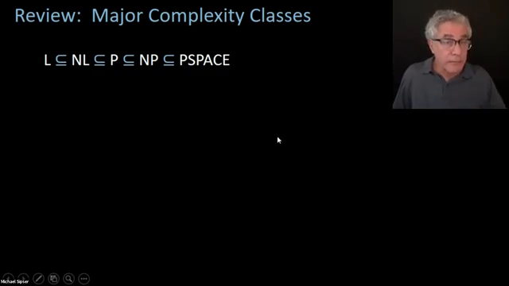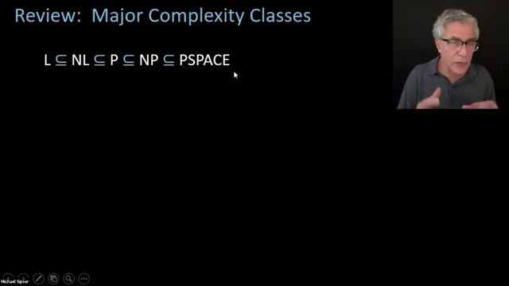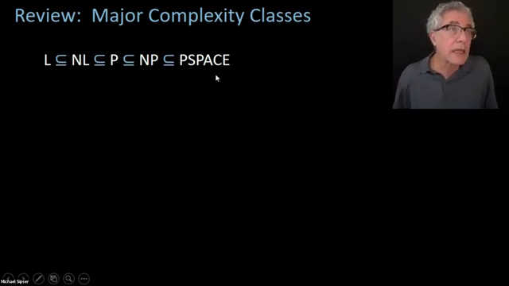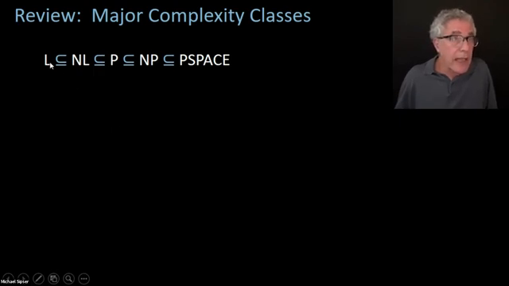What we've shown so far, these are the major complexity classes. I'm not including, let's say, the complementary classes, the coNP type classes. These are the major complexity classes we've seen so far. And as we've seen, they form a hierarchy of containments. Some of those containments trivial and some slightly less trivial.